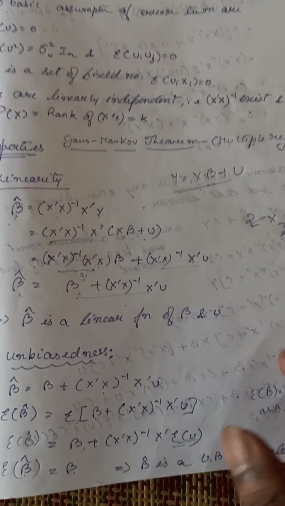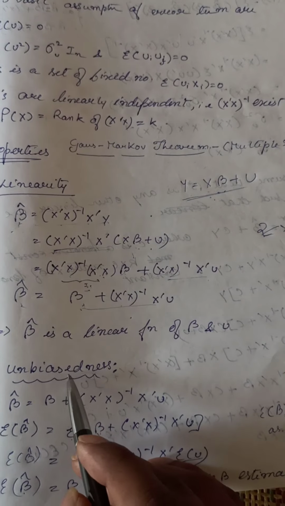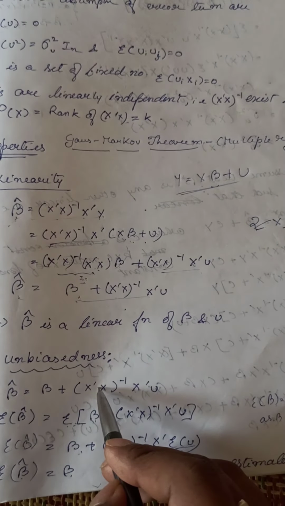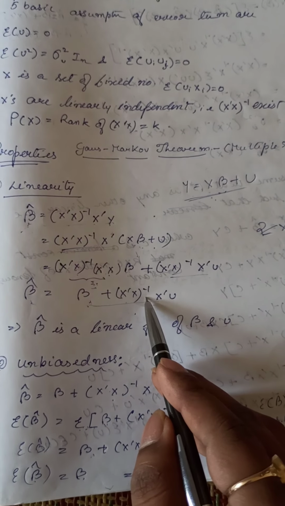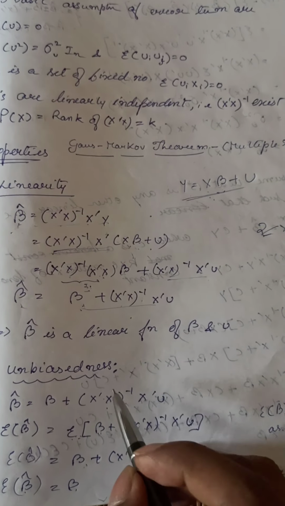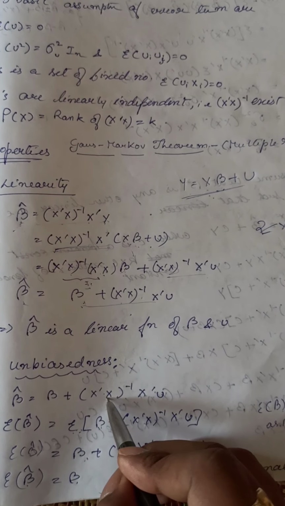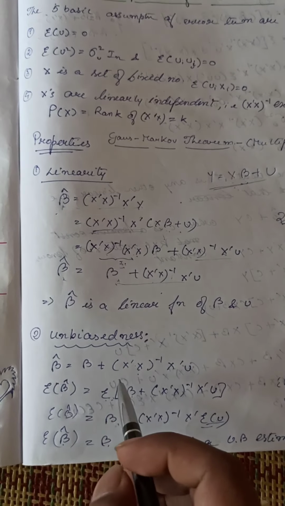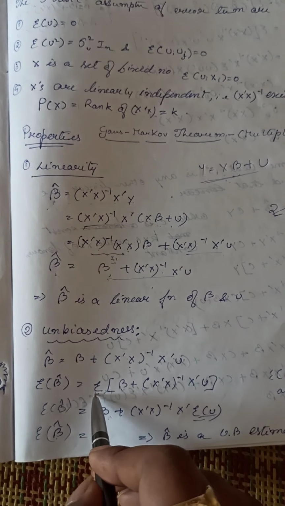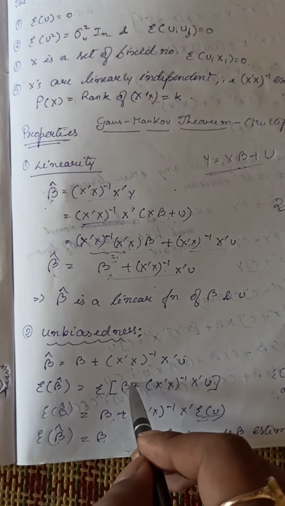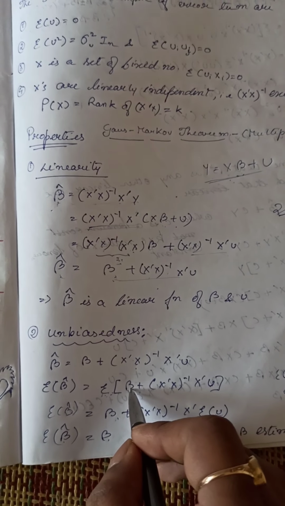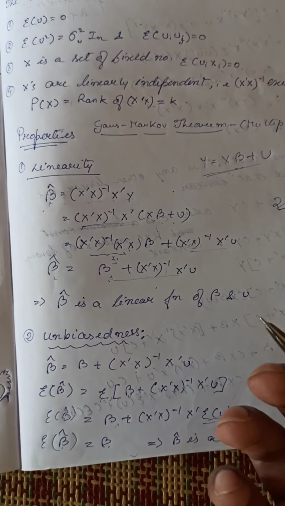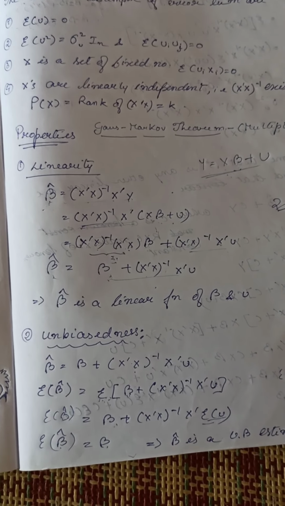Then let us quickly move to the unbiasedness property. We will start with the last line of the linearity property, and take expectation on both sides. The expectation of beta is beta, because beta is a constant, and the expectation of a constant is a constant.